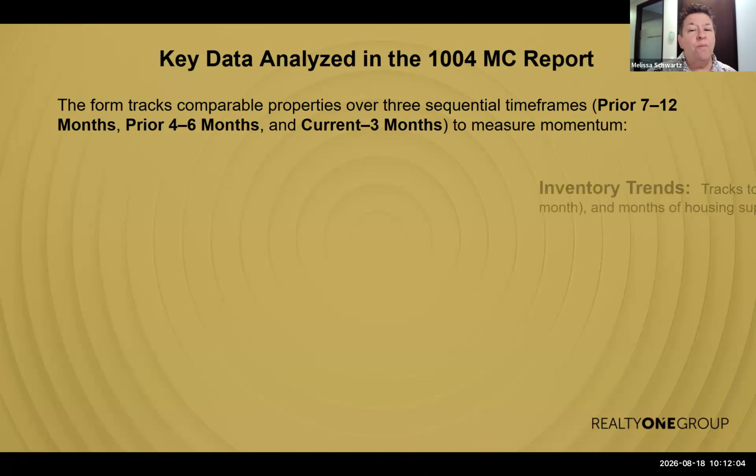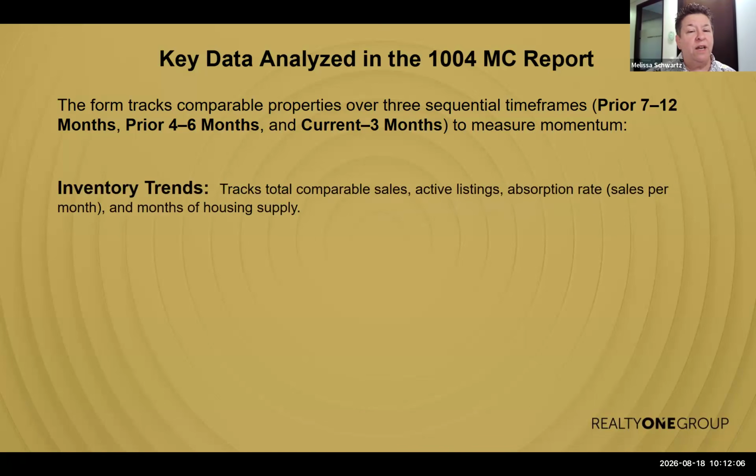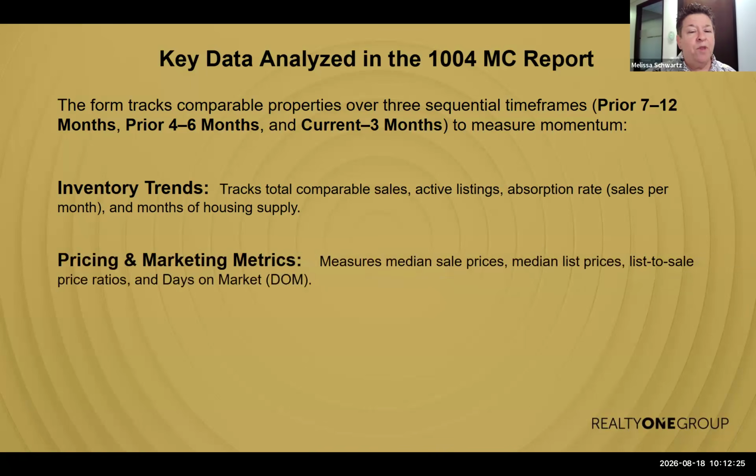To measure the momentum, what is shifting, the inventory trends tracking comparable sales, active listings, the absorption rate, which is sales per month, and months of housing supply, which is you've got this many on the market. How long, with the number of people buying, how long is it going to take to absorb those, right? Pricing and market metrics measures the median sales price, the median list price, the list to sale price ratios, and the days on market.